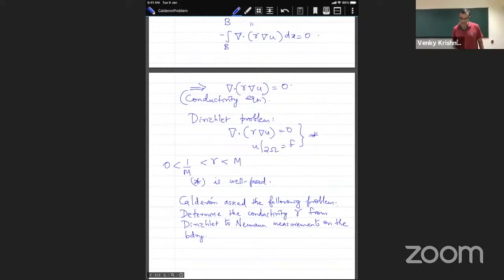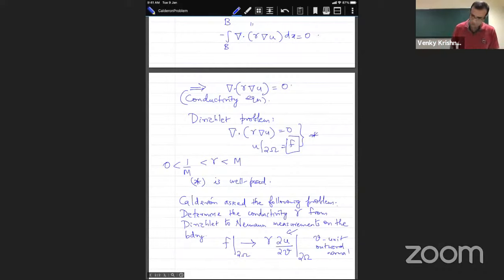Now you specify a Dirichlet value, which is your f over here. Suppose you specify this Dirichlet f, and then you measure the outgoing current flux, which is given by du d nu. This is on the boundary, and this is also on the boundary. Oh, I forgot to mention, nu is the unit outward normal, and u is the unique solution to star.